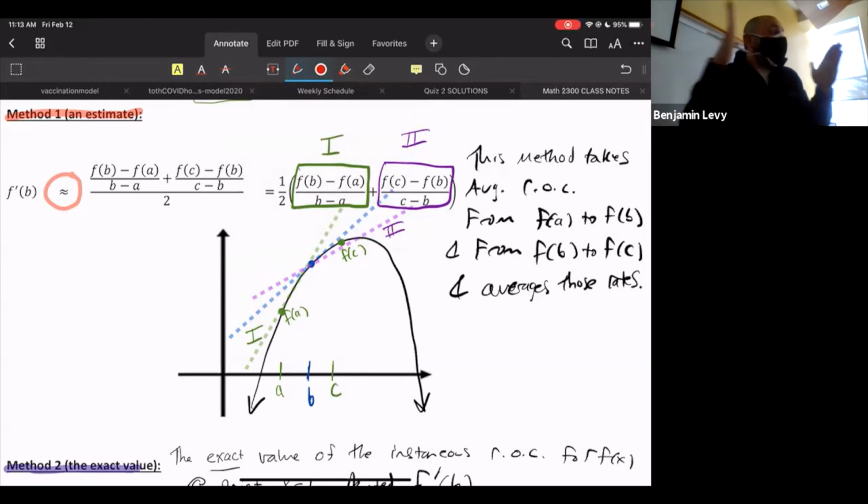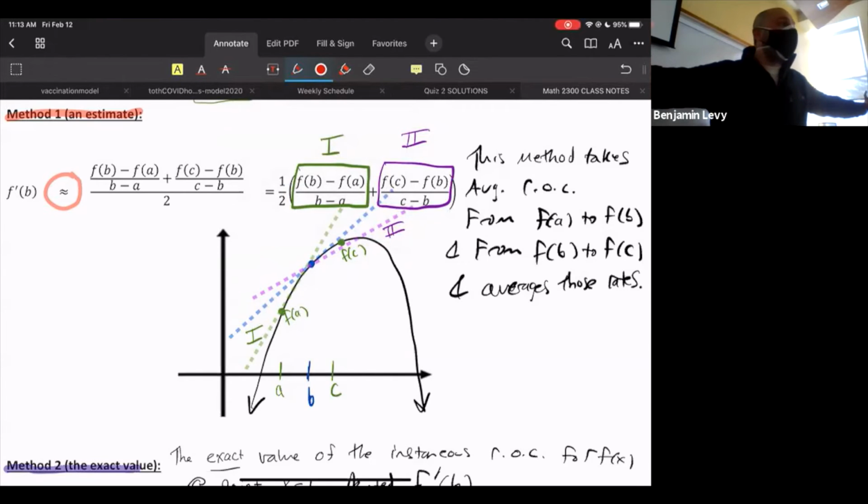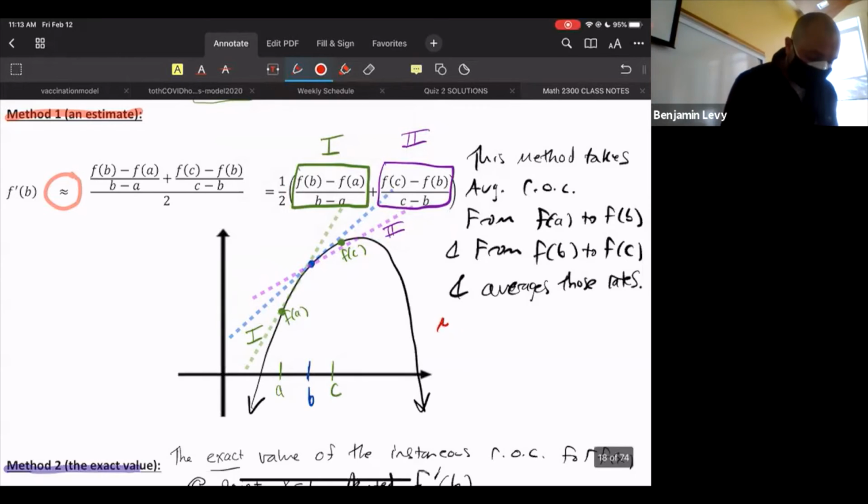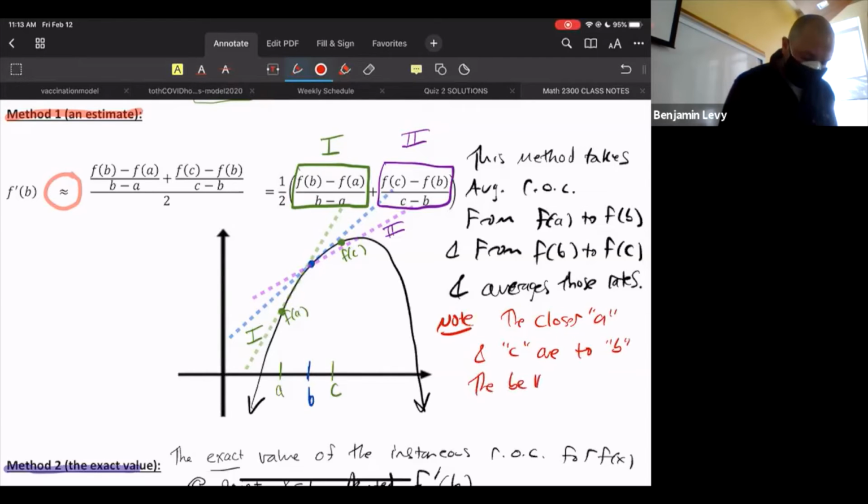Yeah, we want to get close to B. We don't want them to be way, way far away because then the function might do other dippy things, right? So closer to B is better. The closer A and C are to B, the better the approximation.